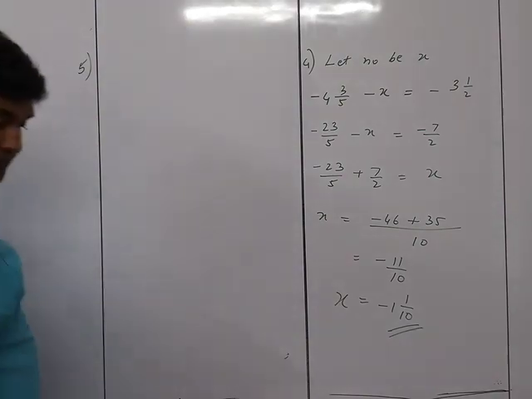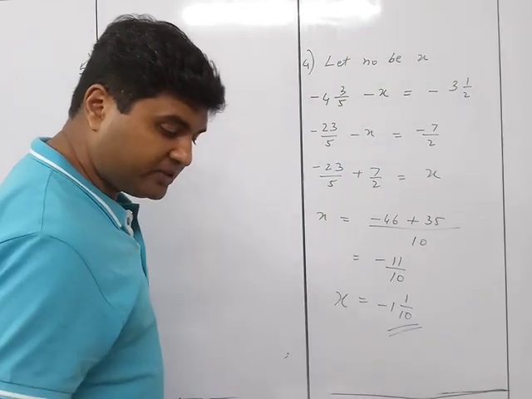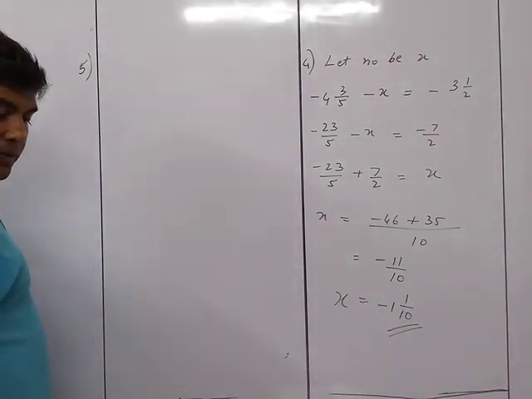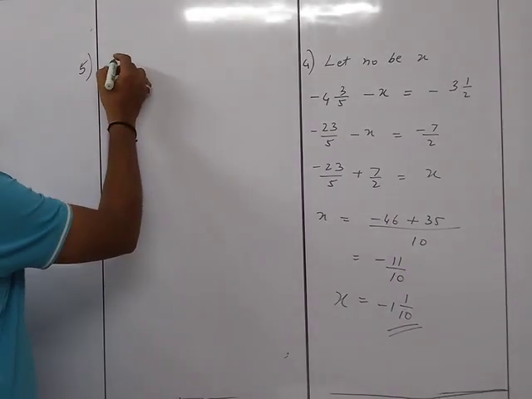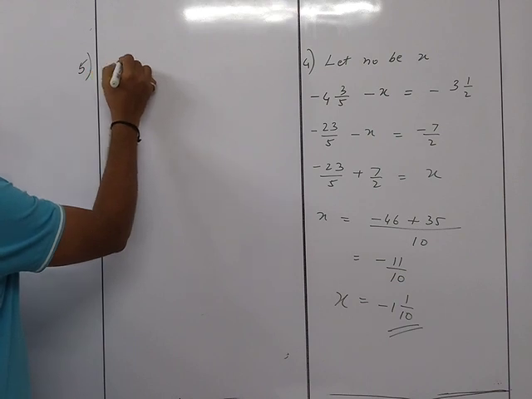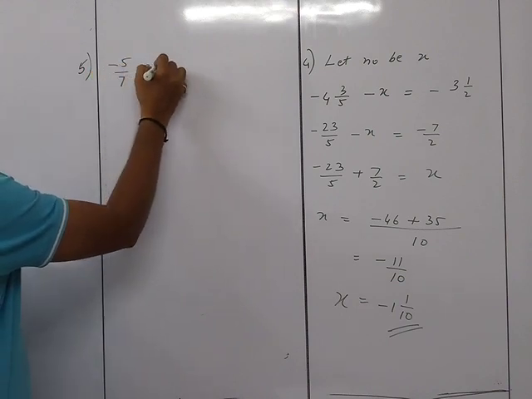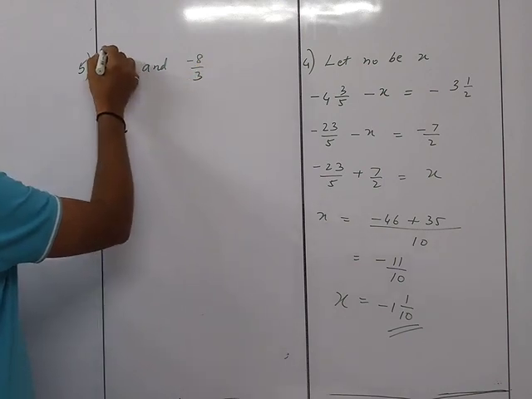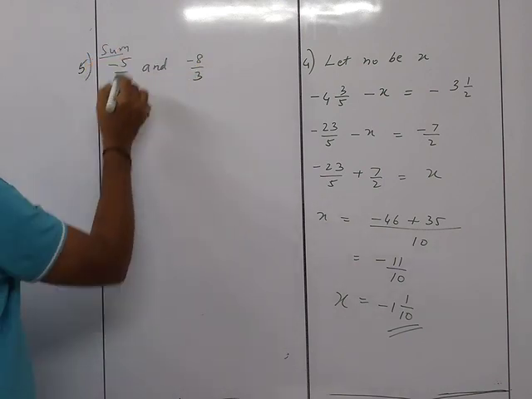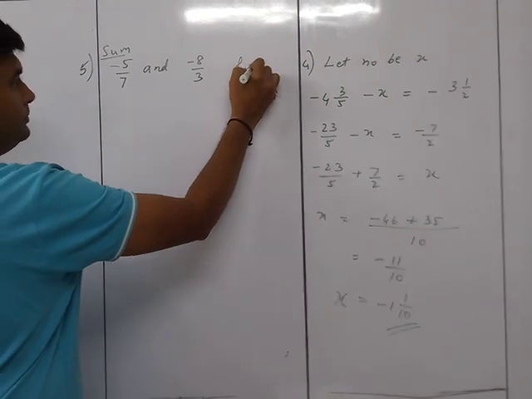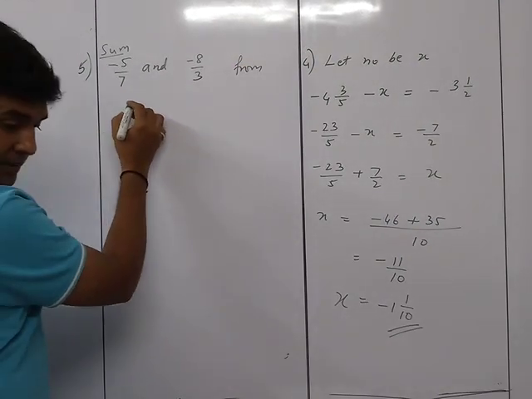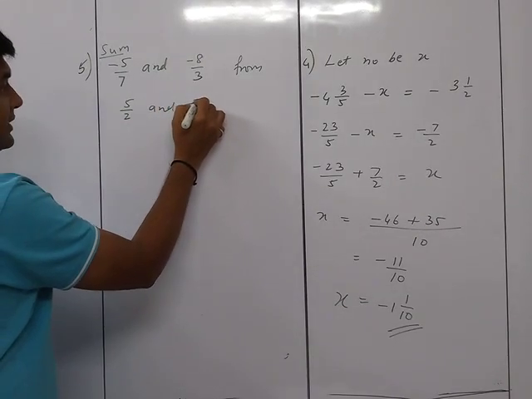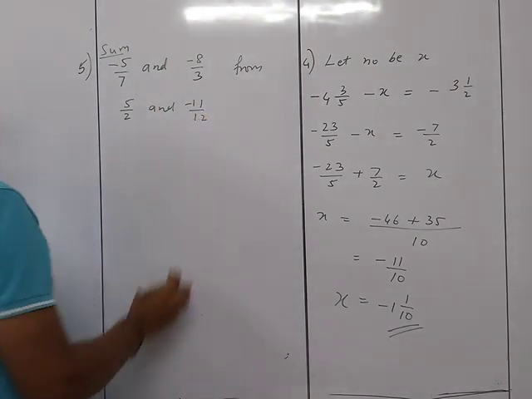Question 5: Subtract the sum of minus 5 upon 7 and minus 8 upon 3 from the sum of 5 upon 2 and minus 11 upon 12.